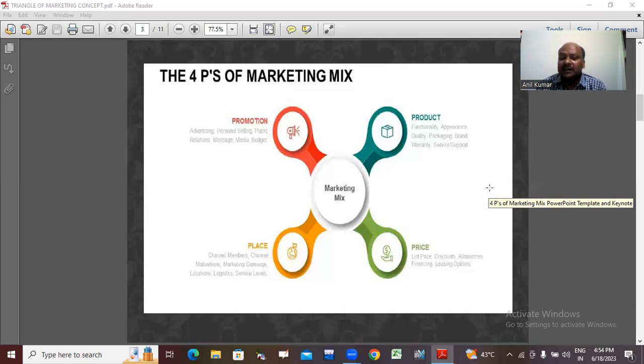To get effectiveness in the marketing system. It was thought of by McCarthy, and McCarthy proposed the 4 P's, which means product, price, place, and promotion.